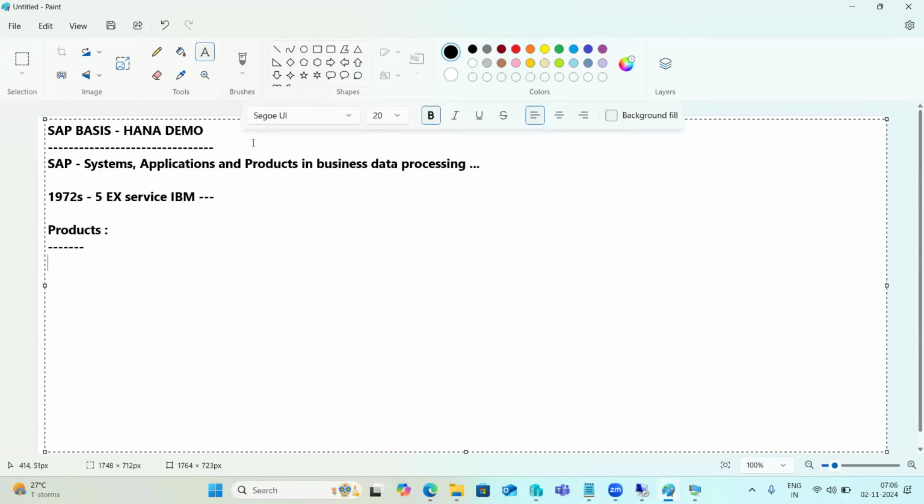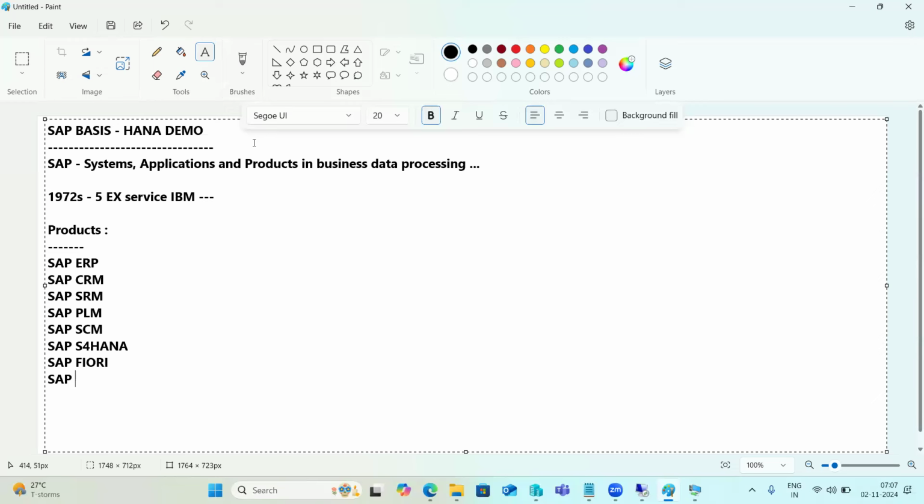Some of the products are SAP ERP (ECC), SAP CRM, SAP SRM, SAP PLM (product lifecycle management), SAP SCM, our favorites S/4HANA, SAP Fiori, SAP BW for HANA, SAP HANA, NetWeaver, SuccessFactors, Business Objects, Ariba, cloud platforms, BTP, Convergence Cloud, and Hybris.